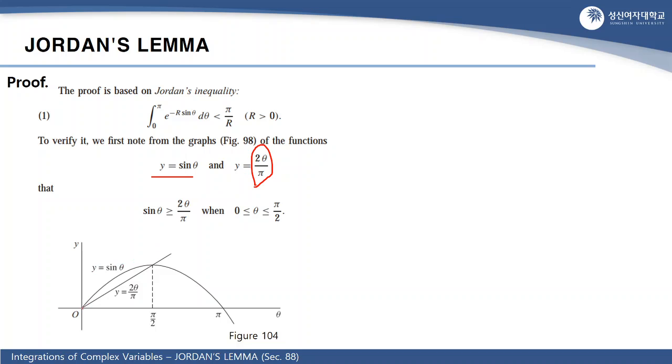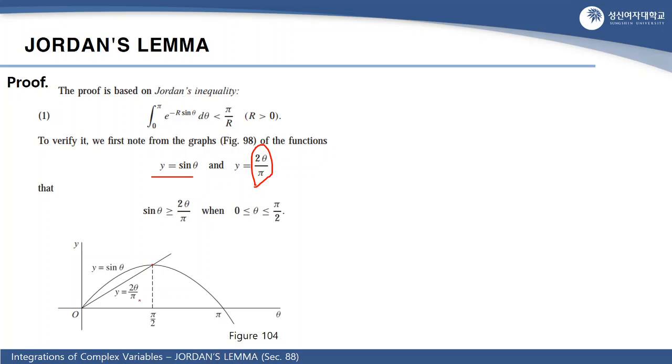You can see the figure here. That becomes 1 at theta equals pi over 2.